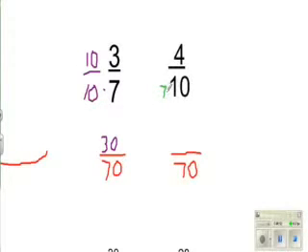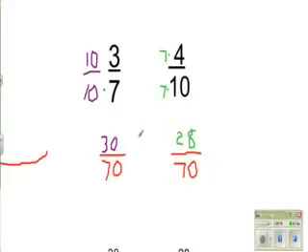So what we do to the denominator, we do to the numerator, so we don't corrupt our fractions. We cannot pretend that 4/10 is the same as 4/70. It's not. You have to multiply the numerator by the same number you multiplied the denominator by, and you get 28/70. Now you can clearly see that the left fraction is bigger than the right.